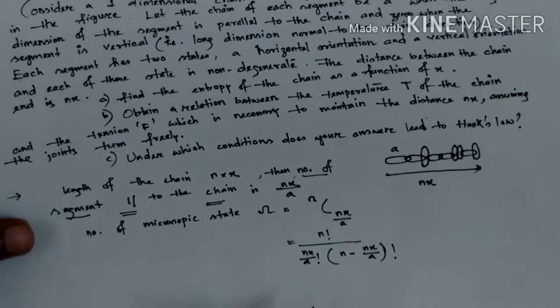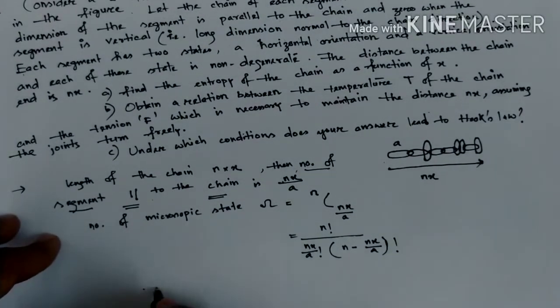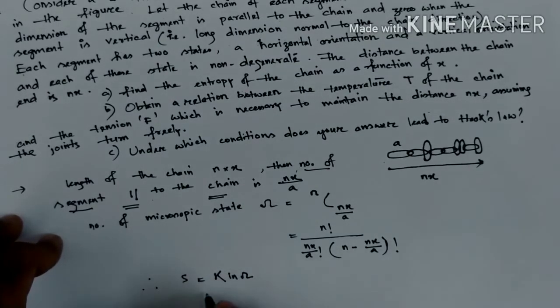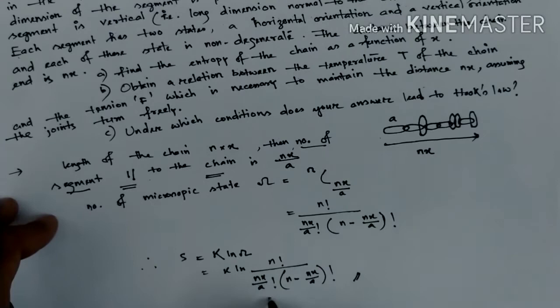Then finally your entropy is given by S equal to k log of the number of microstates. So k log of n factorial divided by nx by a factorial times n minus nx by a factorial. So this is our entropy.